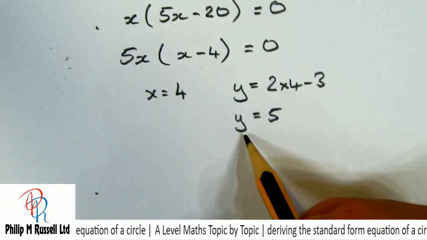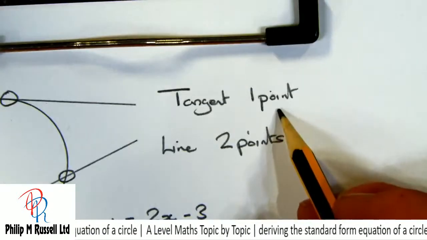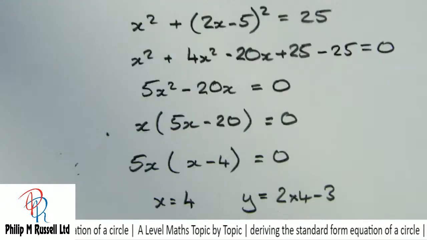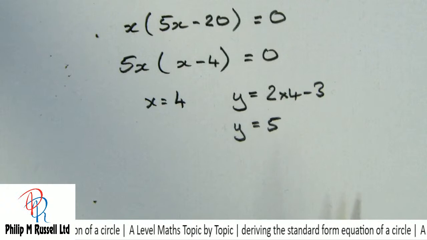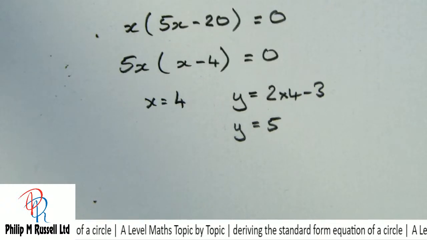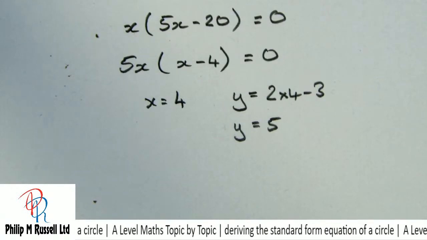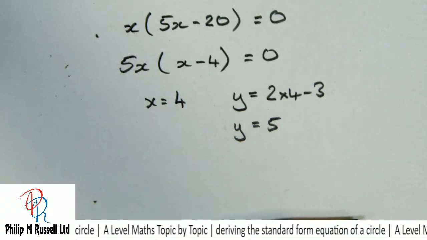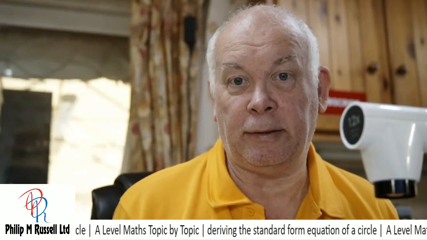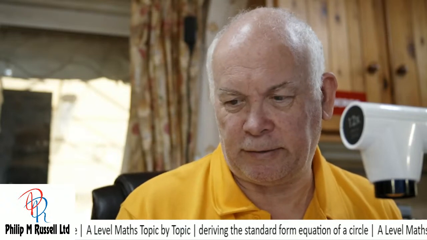It's going to meet at 1 point, so therefore we know my line here is a tangent. Bit scary doing some of those, simply because I made the numbers up and then hoped and prayed it was actually going to fit.